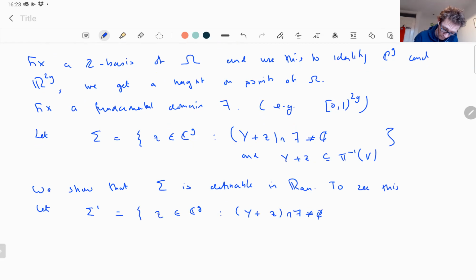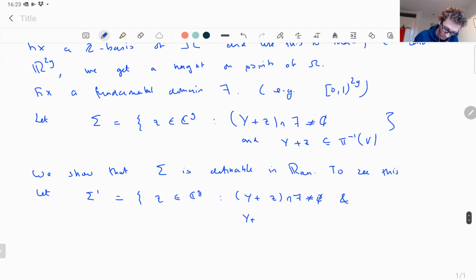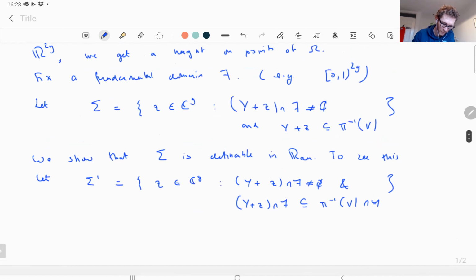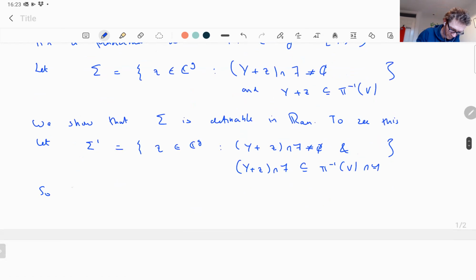And Y plus z intersect F is contained in pi inverse of V intersect F. So sigma is contained in sigma prime, and sigma prime is definable in R_an.